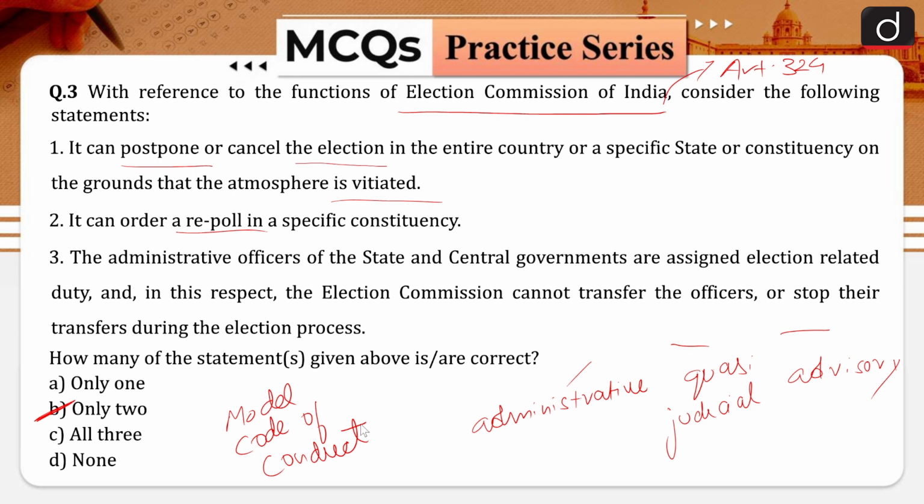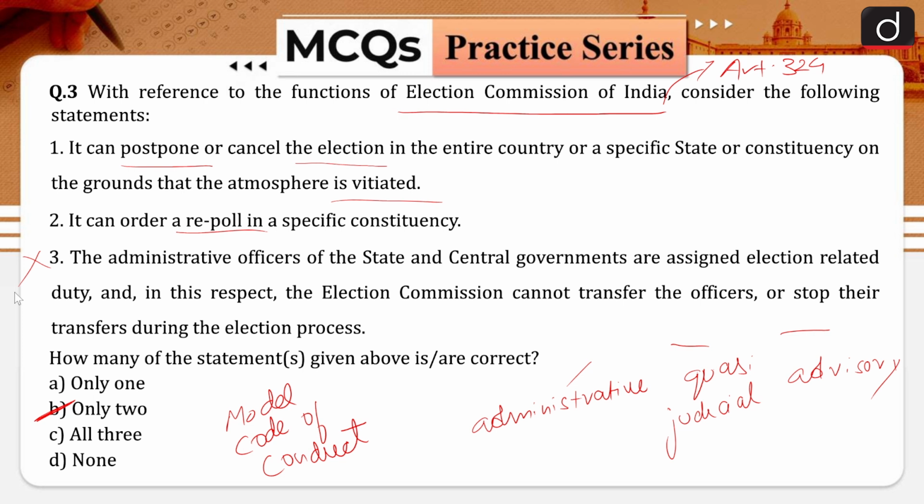During the election process, the administrative officers of the central and the state governments are assigned election related duty, and in this respect, the Election Commission has full control over them. The Election Commission of India can transfer the officers or stop their transfers even, and that is why your statement number 3 herein is incorrect in nature. So the correct answer for this question is going to be option B, only 2 statements.